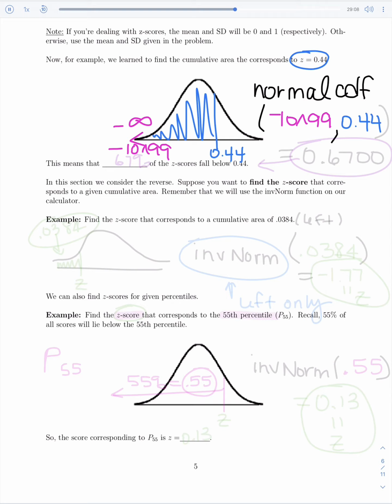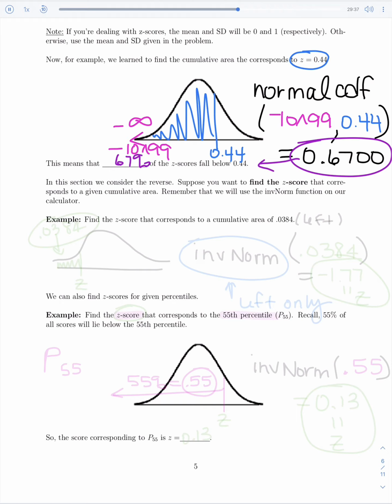And if we had Z values like we do in this one, you would just stop it right there and have our calculator do the calculation for us. What we came up with was 0.6700, which meant that 67% of the Z-scores fall below that value.